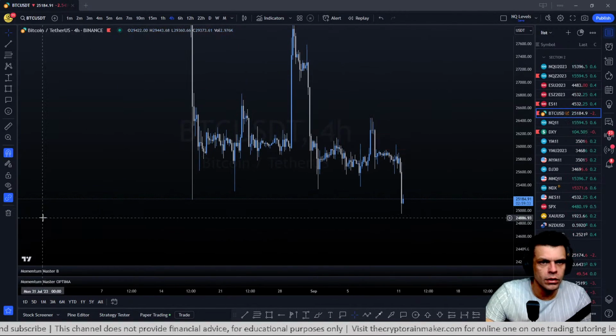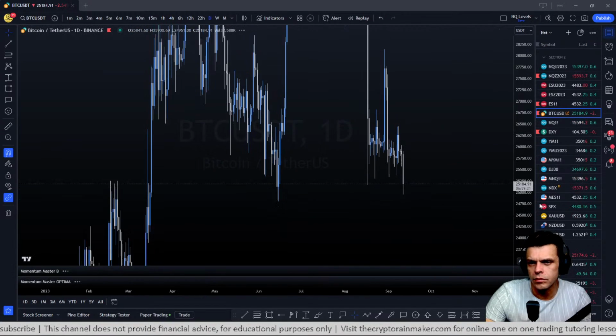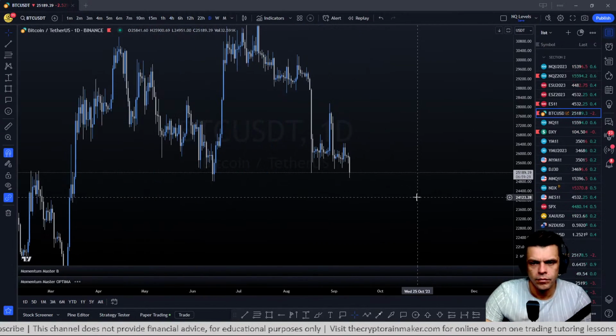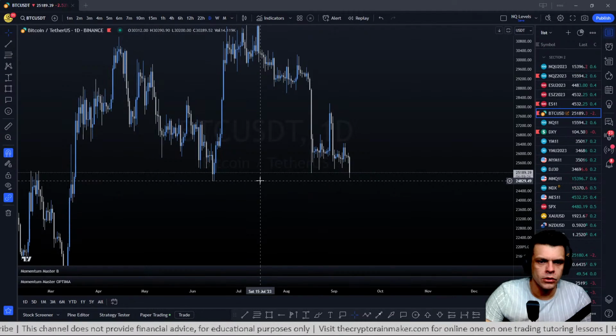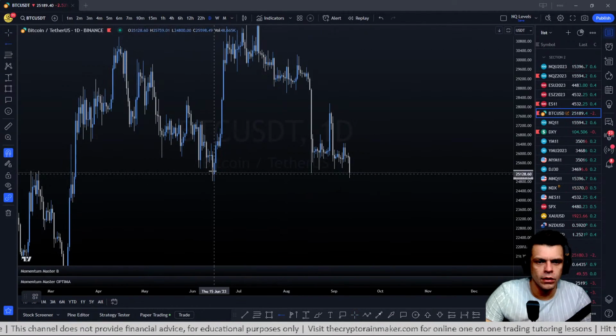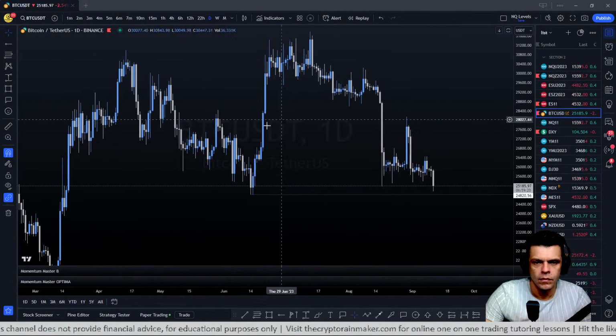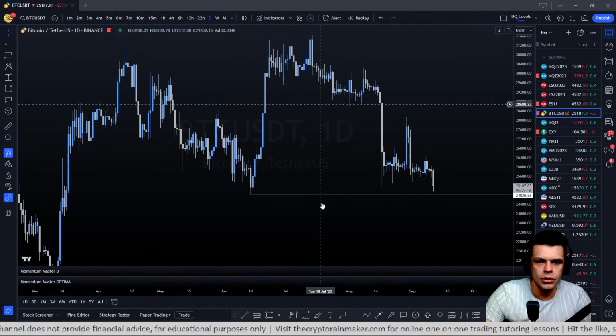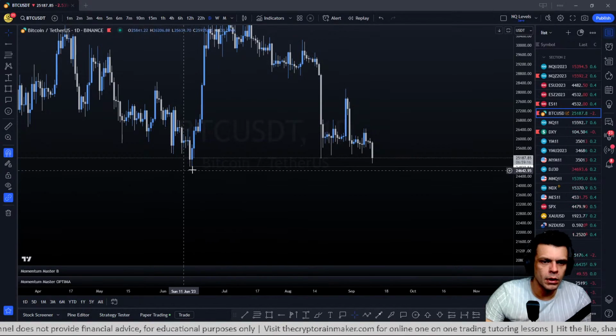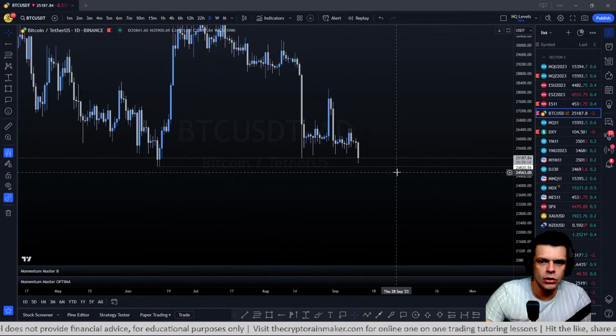Quickly just delete everything and have a fresh look at this. Okay, so there's still an untouched low right here. So for this leg to the upside, the liquidity below this low is the external range liquidity.